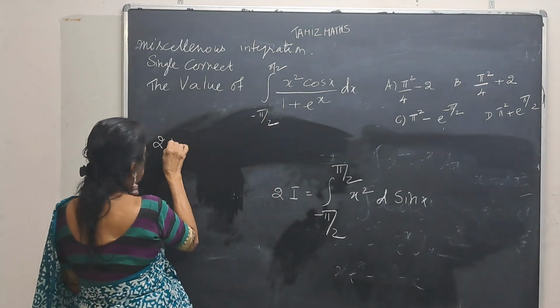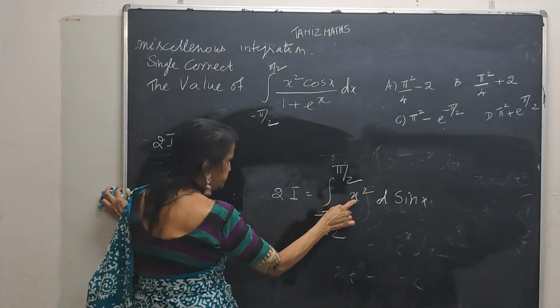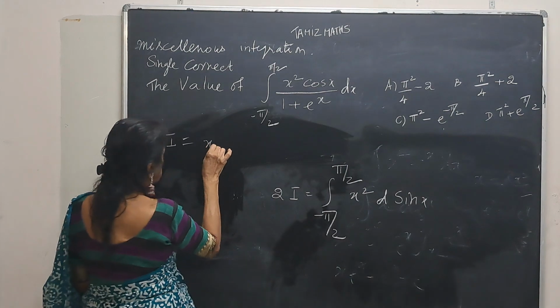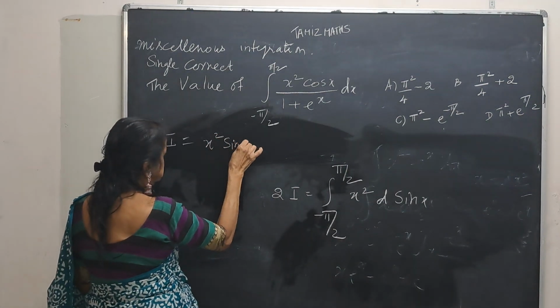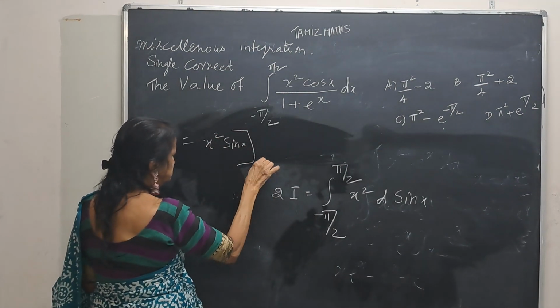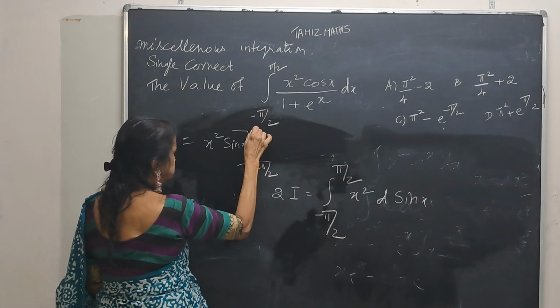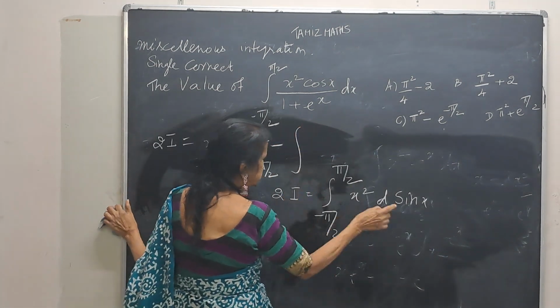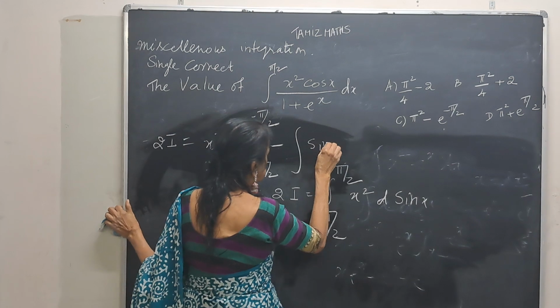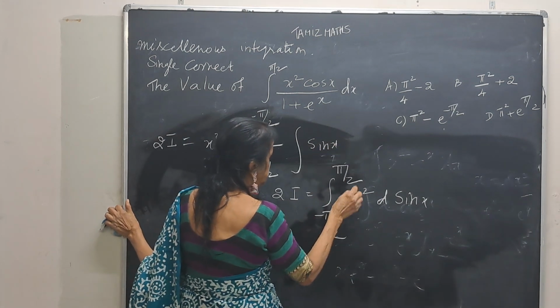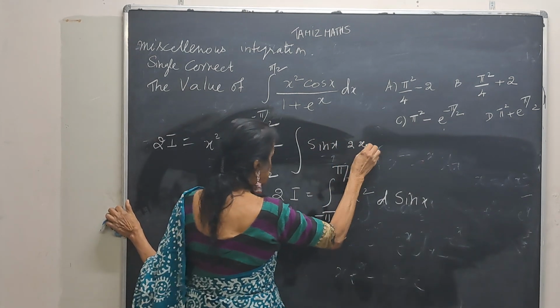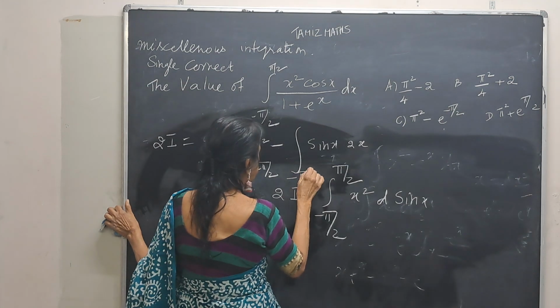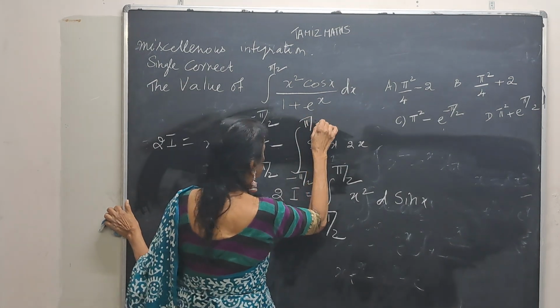So 2I is equal to first function, second function, minus integral sin x, differential of x square is 2x, from minus pi by 2 to pi by 2.